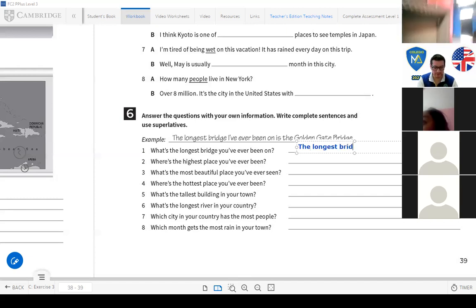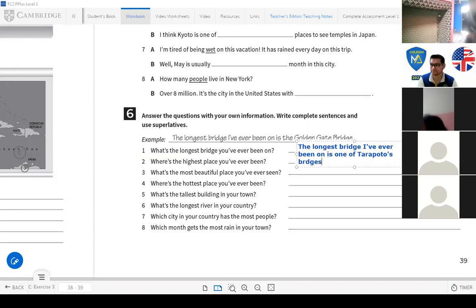The longest bridge I've ever been on is one of Tarapoto's bridges.